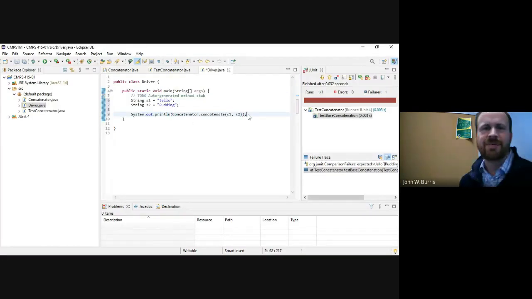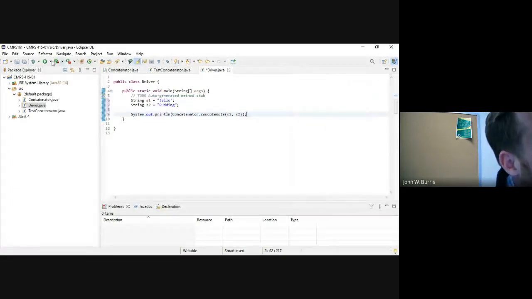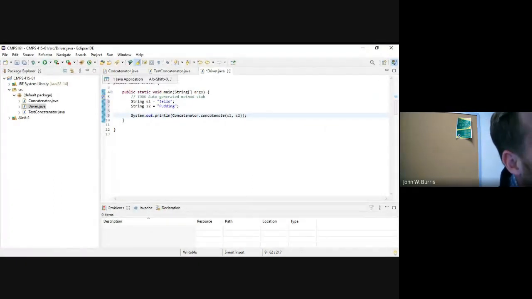And now we're going to see a couple of different things. I'm going to kill off my JUnit test panel here. Now, if I do run, I can click here and run it. I can run as either a Java application or a JUnit test case.